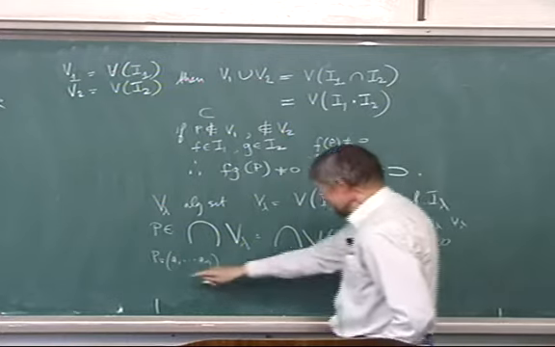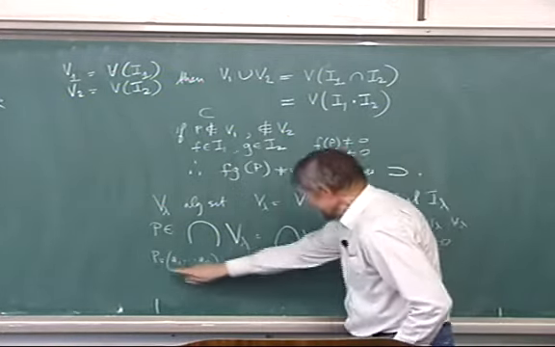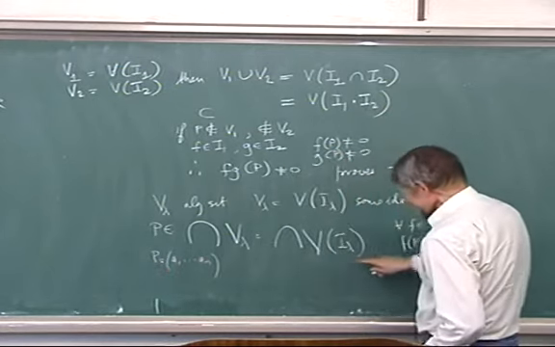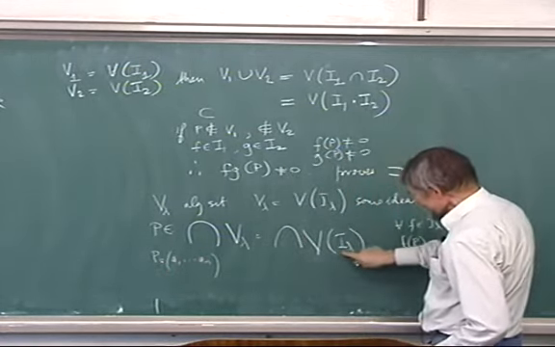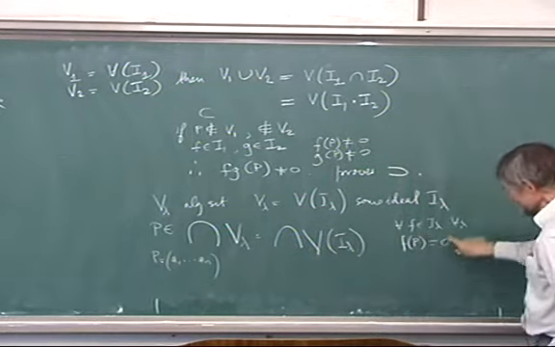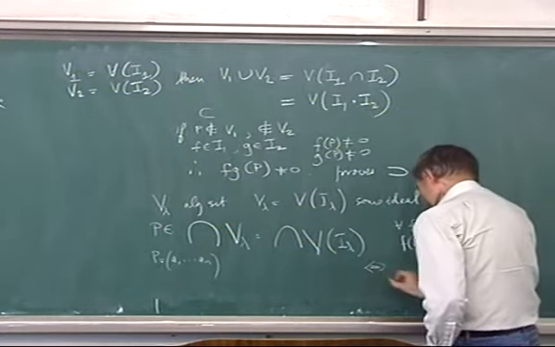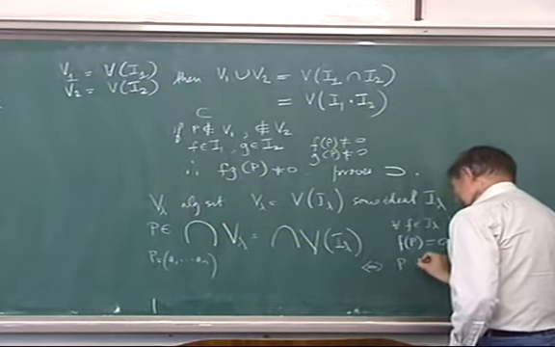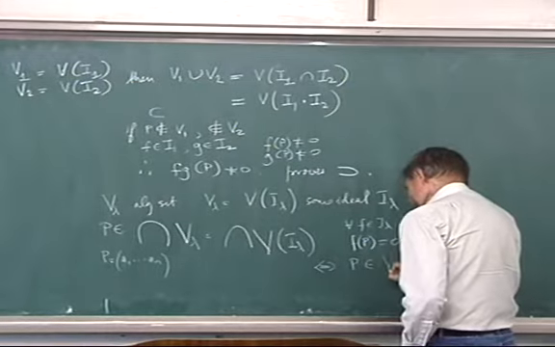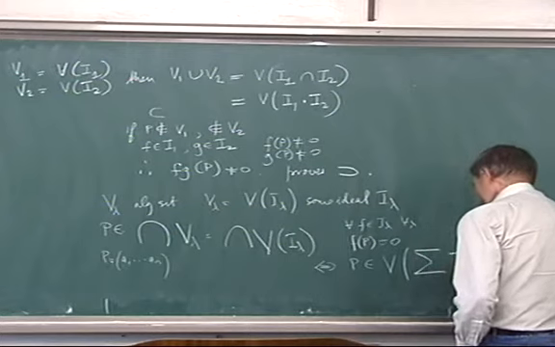So in other words, in order that P should be in this intersection, P should satisfy the conditions defining V of I lambda for each lambda. And that means that all of these F's are supposed to vanish there. And this means, if and only if, P is in V of the sum of I lambda.